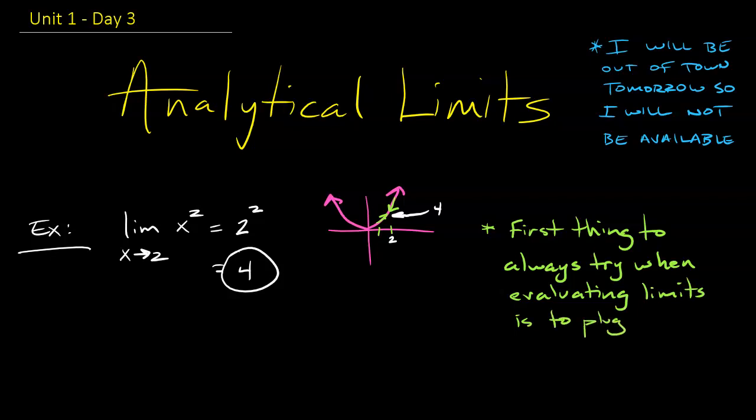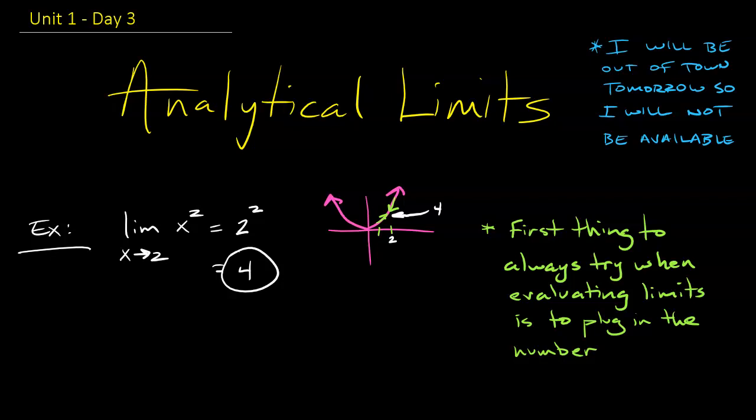Now, the real wording is direct substitution. I don't always like real wording. So, the first thing we should always do when we're doing a limit is plug in the number.